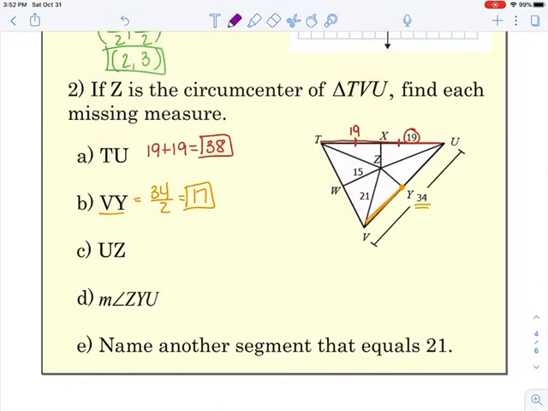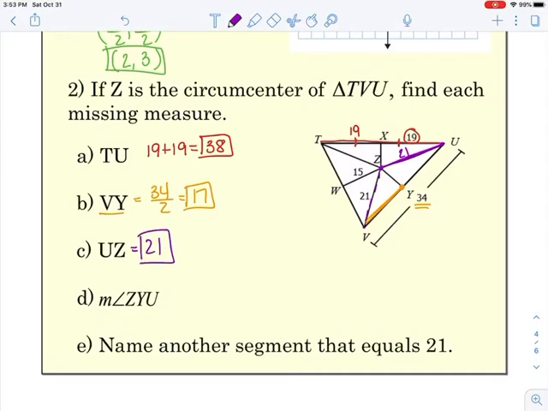Next one we need to find is UZ, and UZ is here in purple. And again, that is the vertex of the triangle, and there's the circumcenter. Again, those spots from the vertex to that center are all congruent. So that means if this one is 21, that means that this one is also 21.